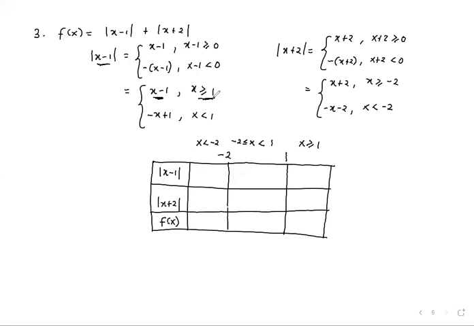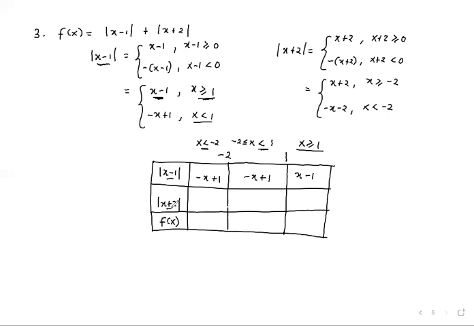So in the interval where x is greater than 1, this piece is defined as x minus 1. In the interval where x is less than 1, it is defined as -x plus 1. Now when x is less than -2, automatically it is less than 1. So it is still defined as -x plus 1.